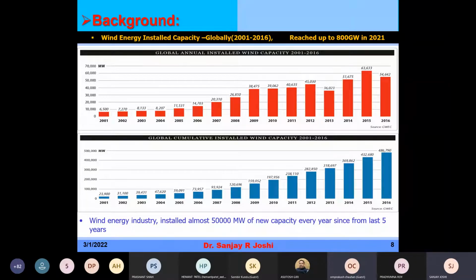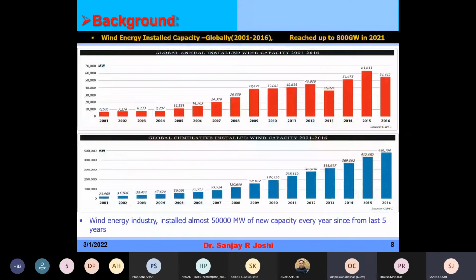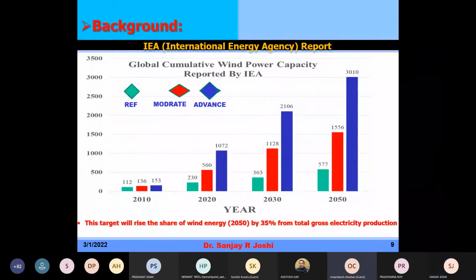In 2016 it is around 486 gigawatt, but now it is 564 gigawatt. It is expected that by 2050 that may go to around 1556 gigawatt if we increase in a moderate way, right? So the target is to raise the share of wind energy by 2050 by 35%.